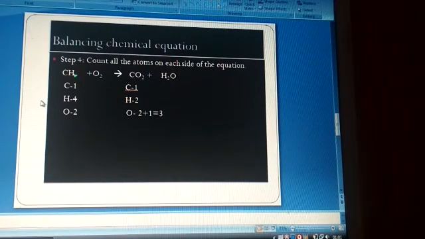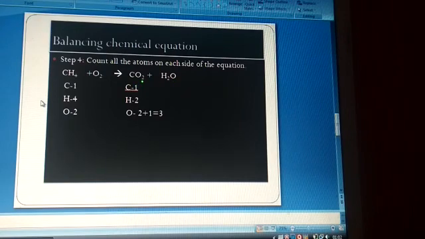Here it is methane, CH4 plus O2, that gives CO2 plus H2O. When I count carbon on the reactant side and the product side, both are 1. Hydrogen on the reactant side is 4 and hydrogen on the product side is 2. Now oxygen on the reactant side is 2, whereas on the product side oxygen is split between carbon dioxide and water.